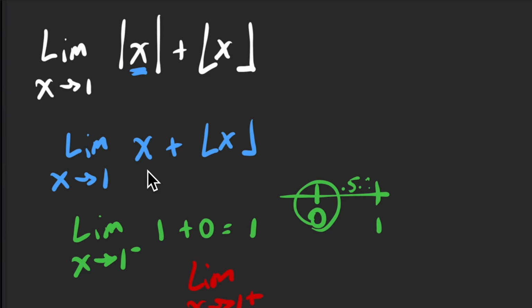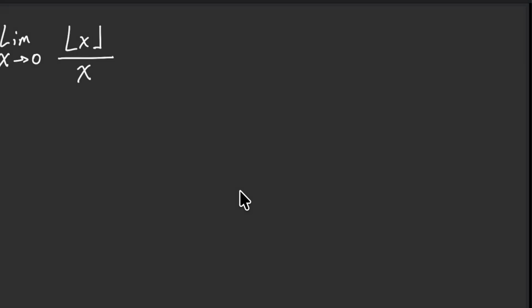Again, x approaches 1 from the right, this limit is still going to be 1. However, dealing with the floor function now, if we're approaching 1 from the right, we're talking about 1.5, 1.4, 1.1. Any of these are going to round down to 1. So we're going to get 1 plus 1 equals 2. And as predicted, the limit does not exist.